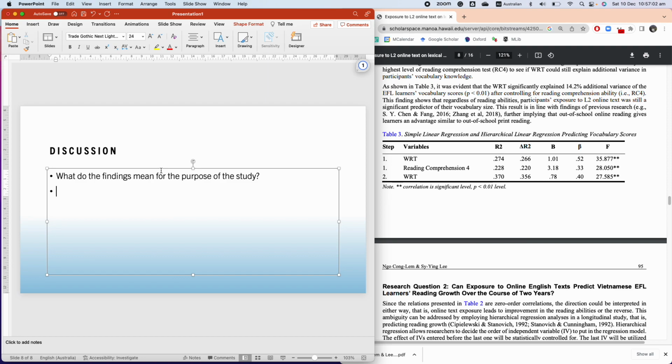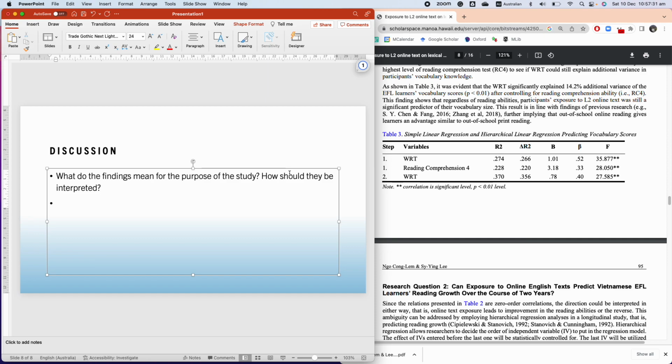For example, you find a relationship between two variables, or you conduct an experiment and find that these factors have an influence on the participants. Then this is where you say what the findings mean and how they should be interpreted. This is where you go more deeply into what your findings actually mean.